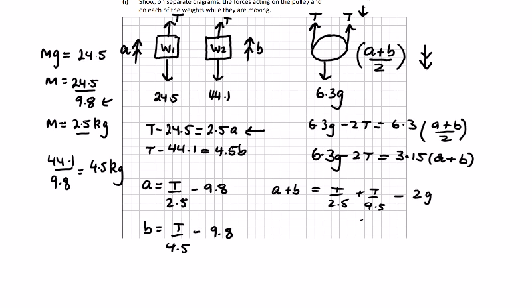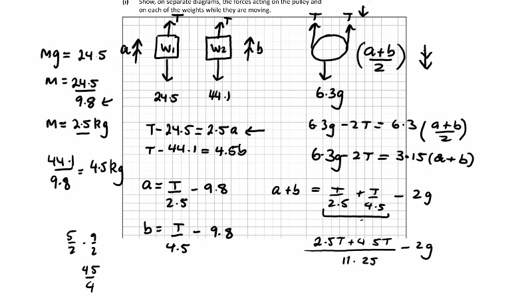It doesn't really matter, I'll leave it as G for a sec. So if we combine these two, I'm going to get 2.5T plus 4.5T on top over 2.5 by 4.5, which is 45 over 4, which is 11 and a quarter, 11.25 minus 2G. So I'm going to get 7T over 11.25 minus 2G is equal to A plus B.